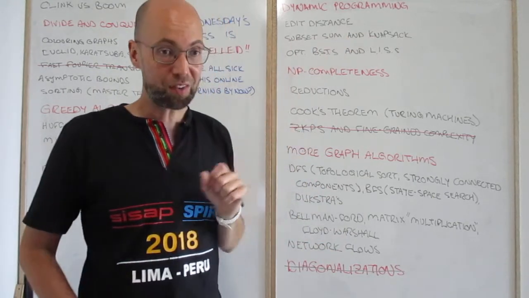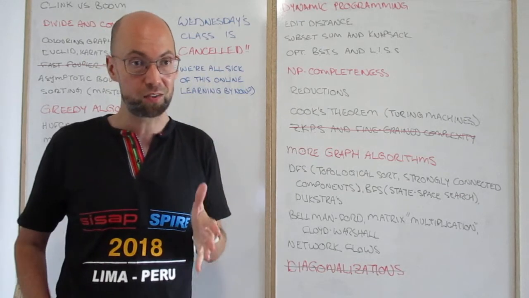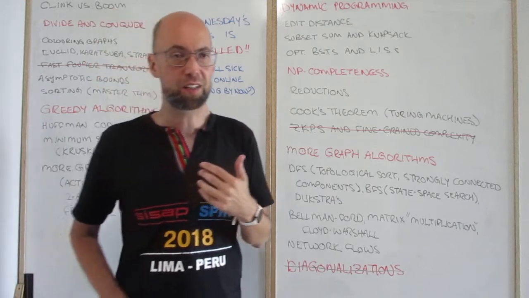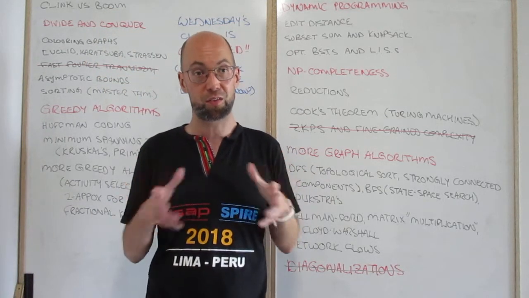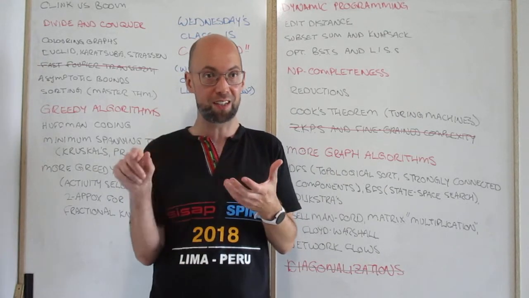Subset sum and knapsack. So now we're talking about binary knapsack. You can do these with dynamic programming, but we got into this idea of how do you measure the complexity of the algorithm? You measure it in terms of the size of the input, that is, the size of the piece of paper I need to write the instance.